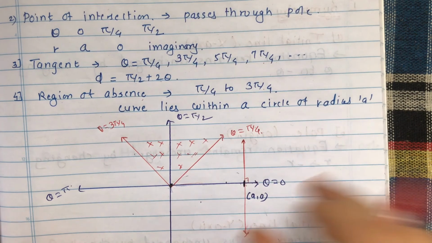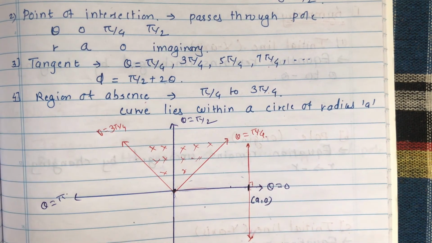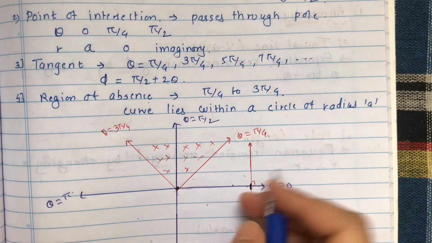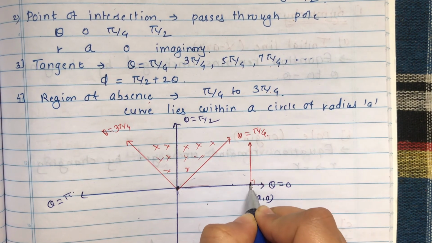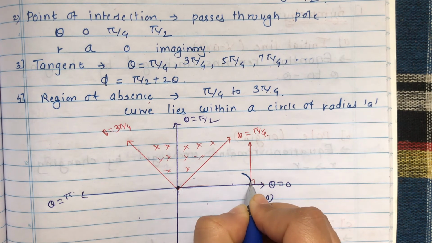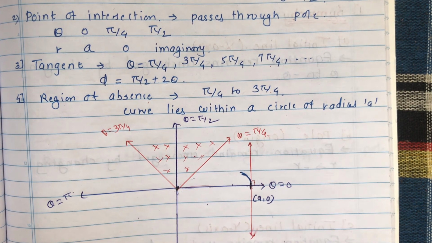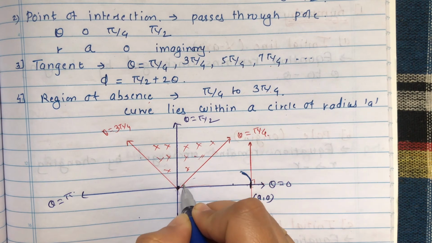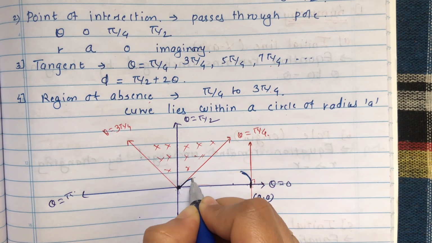Now we will draw. As this line is a tangent at this point, the nature of the curve will be like this, right? Again this is the tangent at 0, so the nature of the curve will be like this.